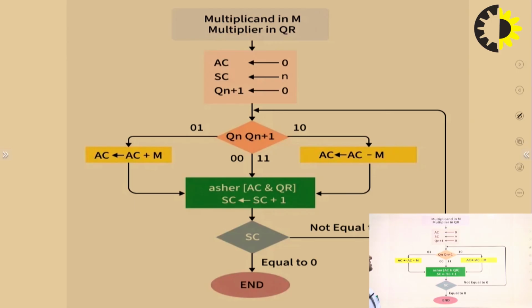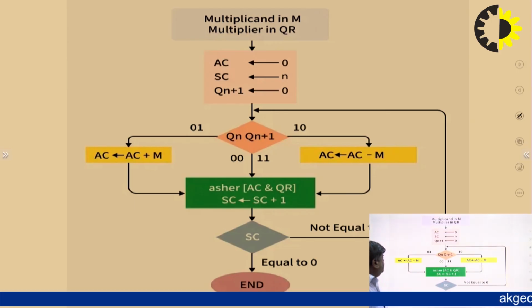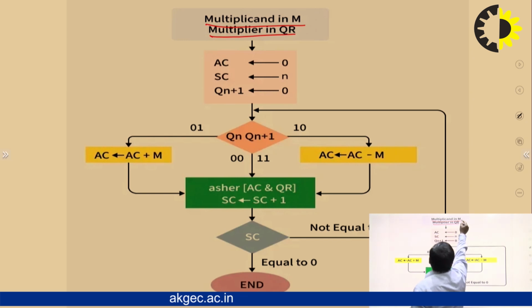Now, this is the flow chart and algorithm. We are also going to discuss this flow chart. Multiplicand in M and multiplier in QR.